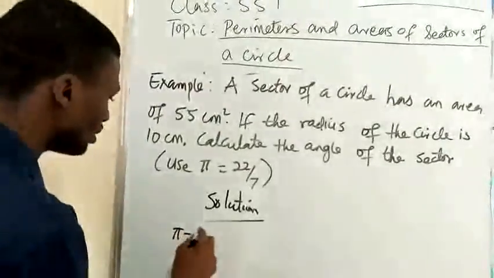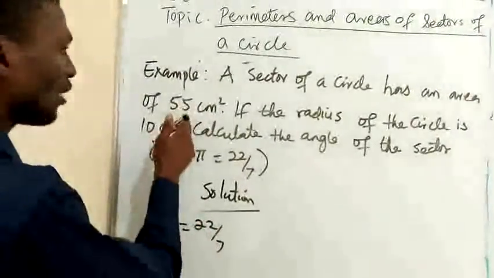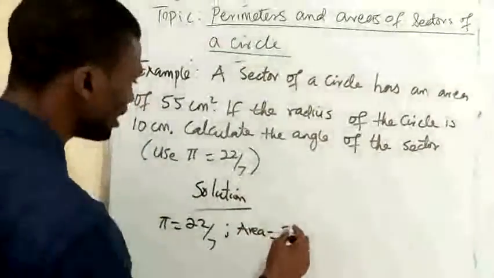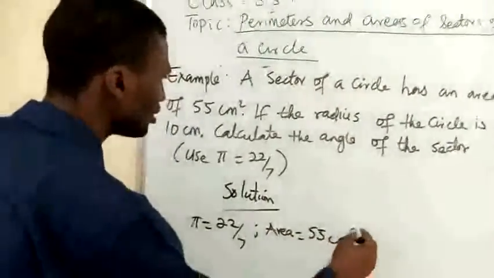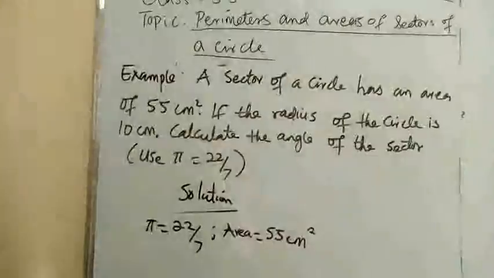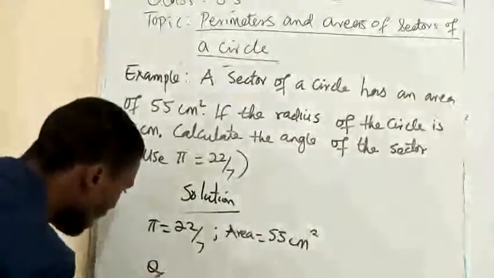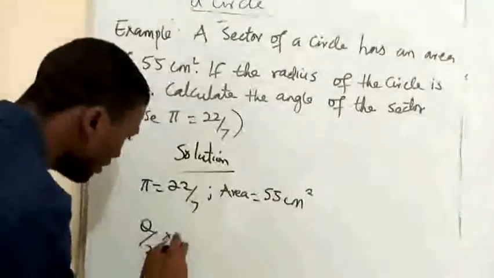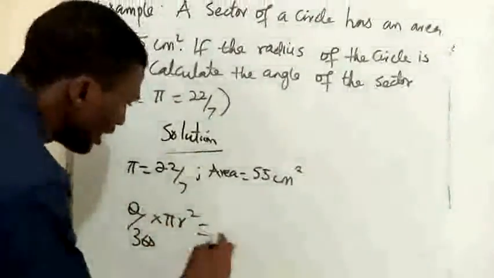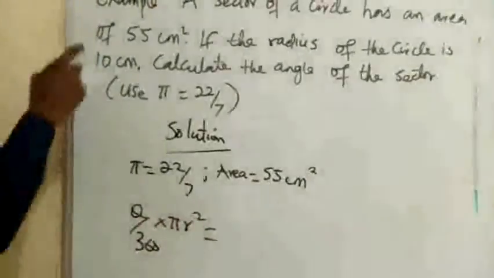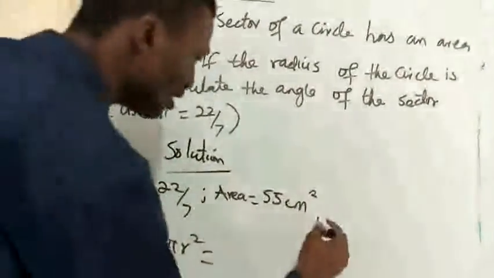Our pi here is 22 over 7. We establish the formula: theta over 360 times pi r square. That's the formula for calculating the area of a sector. Our radius is 10 cm.